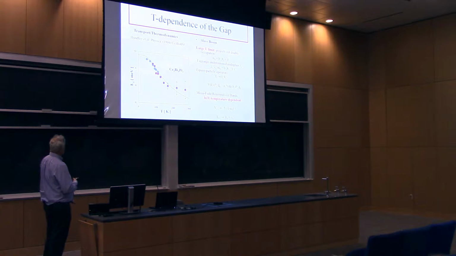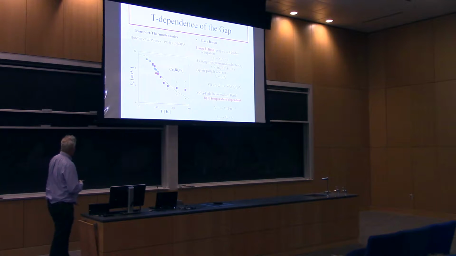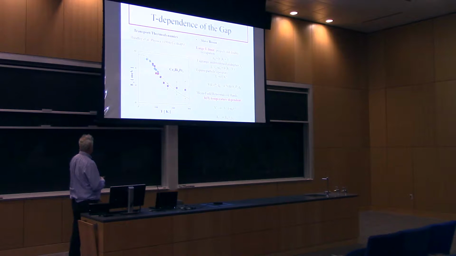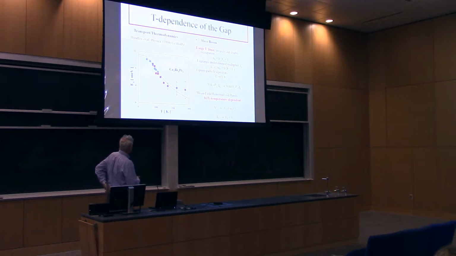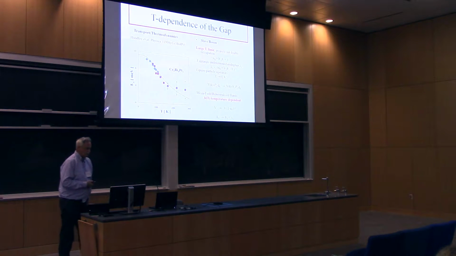But one of the things about this low temperature, or indirect, gap is that you can see it in a number of thermodynamic measurements, and it's extremely temperature dependent, as shown here. So why is this gap small?